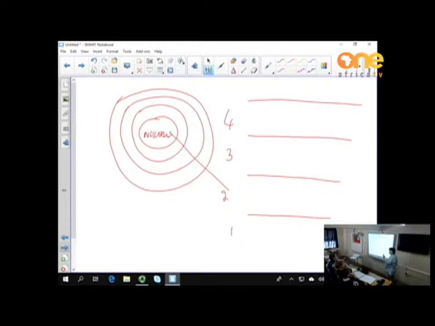Now, the first shell can take 2 electrons. The second shell can take 8. Okay, and I'll just stop there for a moment. Now, electrons tend to form pairs. How does it work? Because electrons are negative, they should actually repel. But as the electrons are moving around the nucleus in an orbit, they are also spinning on their own axis.